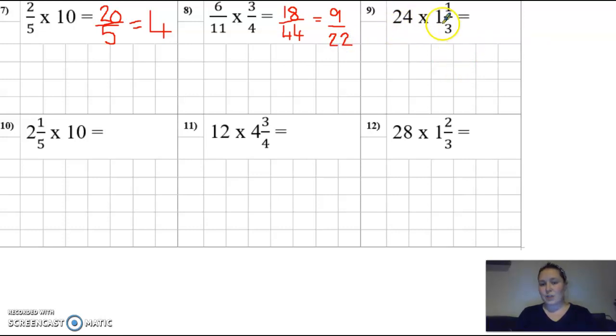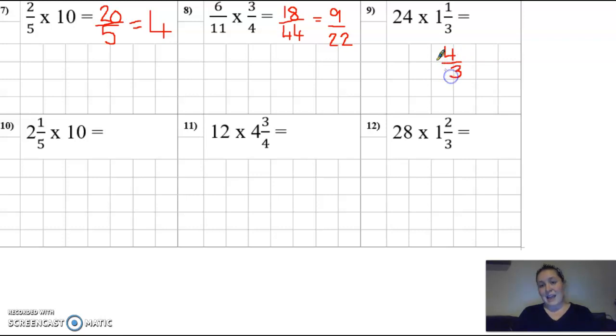Okay, 24 times 1 1/3. So let's take that mixed number and change it into an improper fraction. We remind ourselves how to do that. We think about how many thirds would be in one whole, 3/3, and then add that extra one. So 4/3.